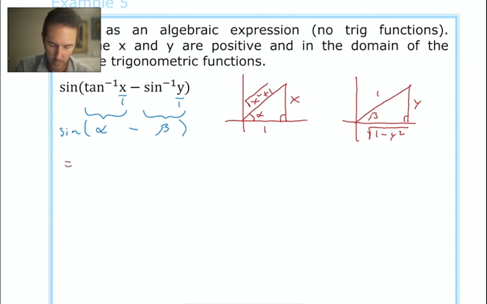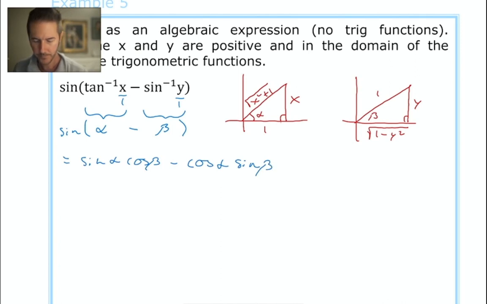So this is equal to sine cosine minus cosine sine. Based on our diagrams, what's the sine of alpha? Sine is opposite over hypotenuse, which is x over the square root of x squared plus 1, times the cosine of beta.